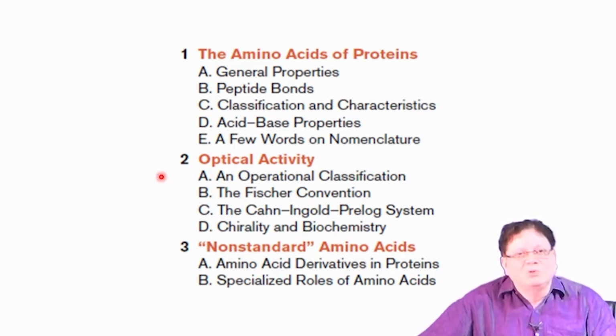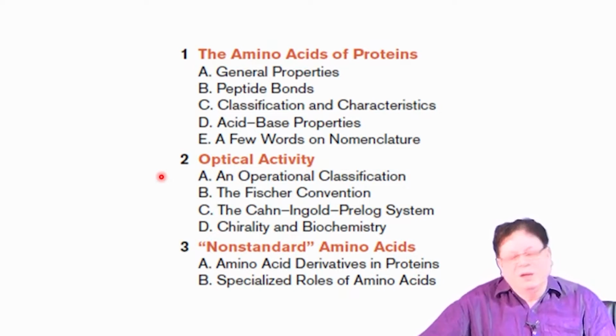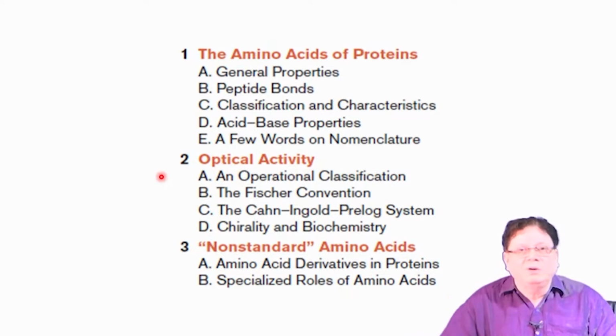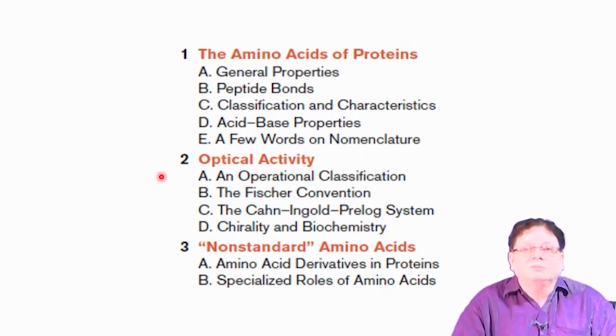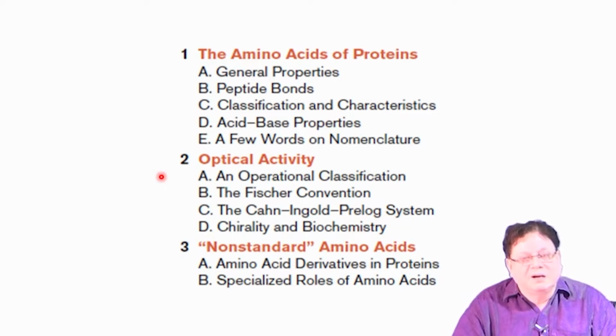So, if I ask you to write an L amino acid or different L amino acid containing peptides very quickly, then the best way to do it is to just check the RS system of the alpha carbon. Remember that the alpha carbon is the chirality center.